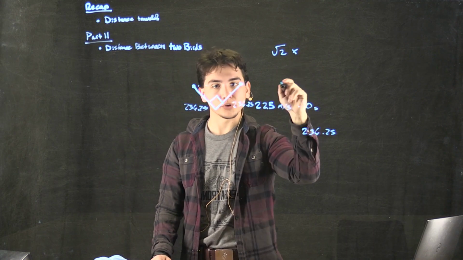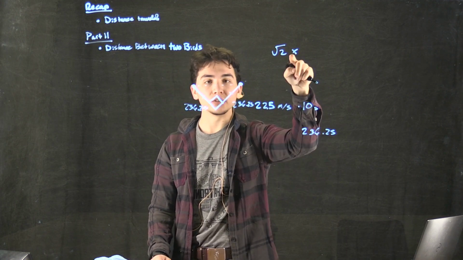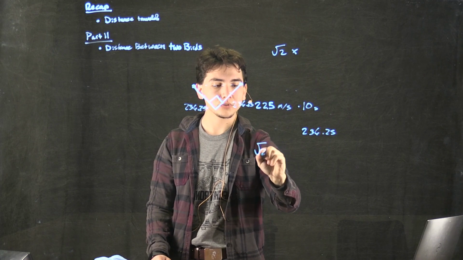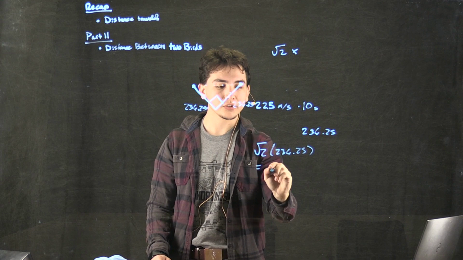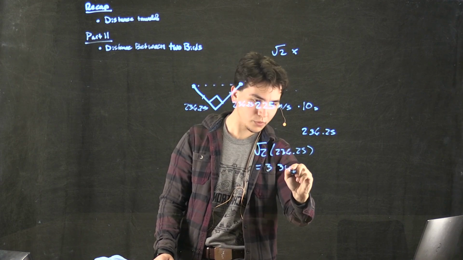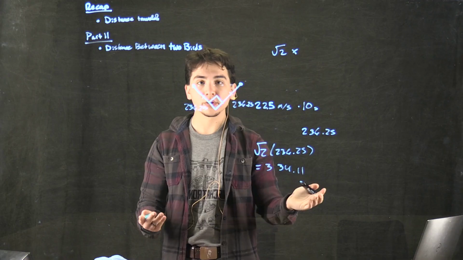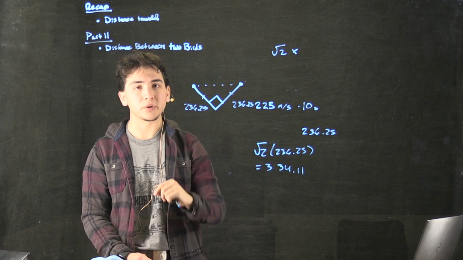So in this case, we're going to multiply 236.25 into our formula: square root of 2 times 236.25. That's going to give us 334.11.